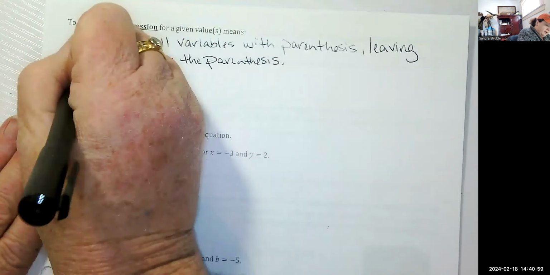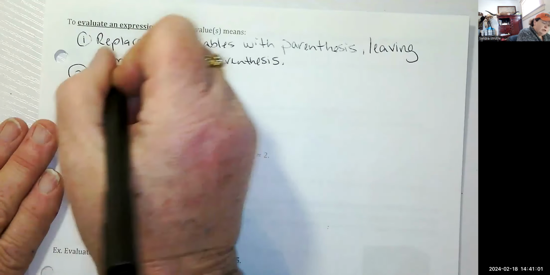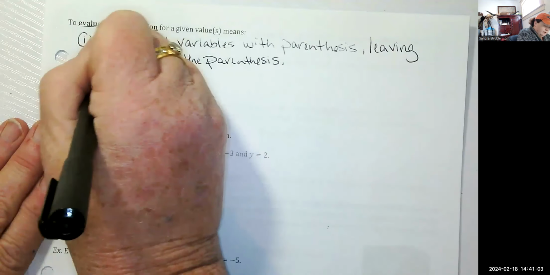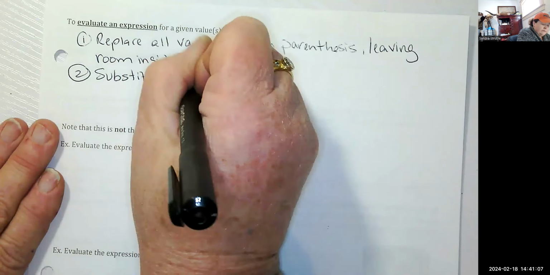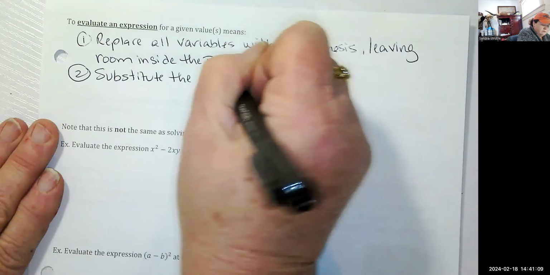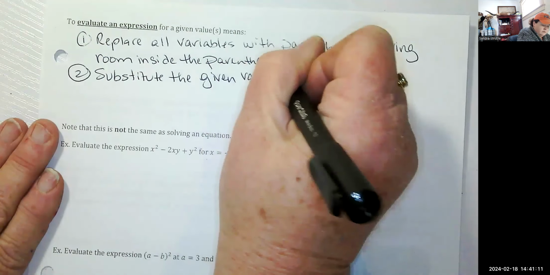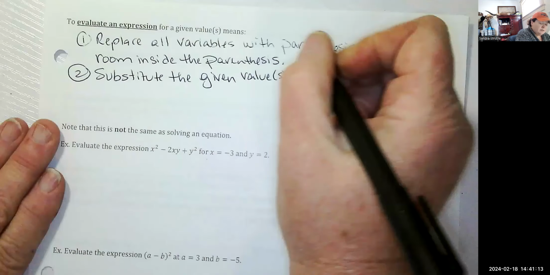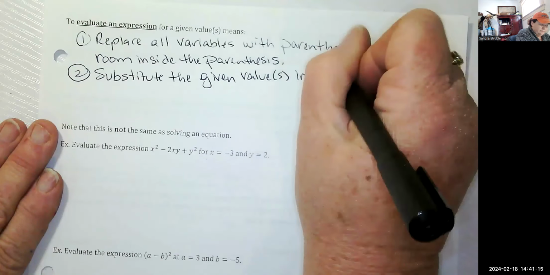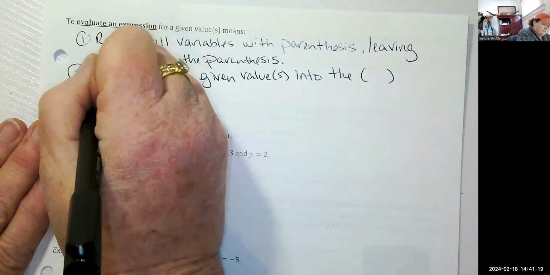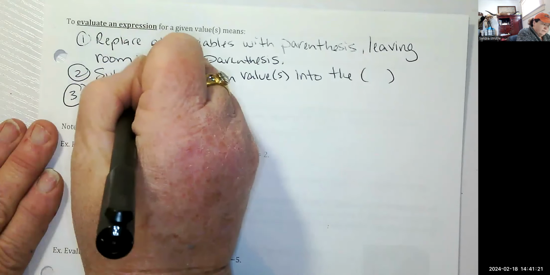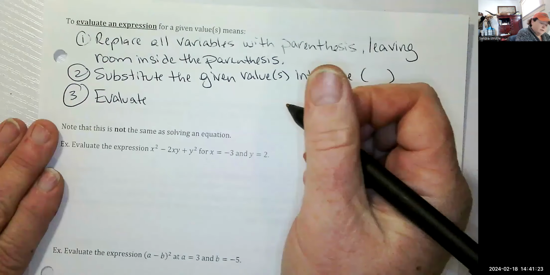I'll show you. Number two, we're going to substitute the given values into the parentheses. And then the last thing, we're going to evaluate using the order of operations.